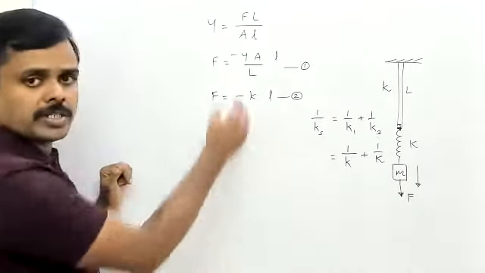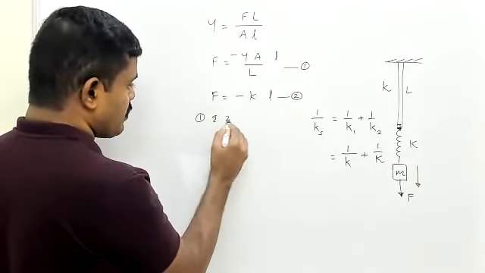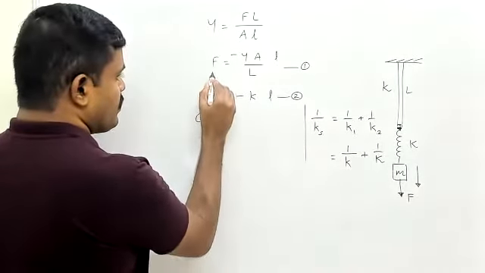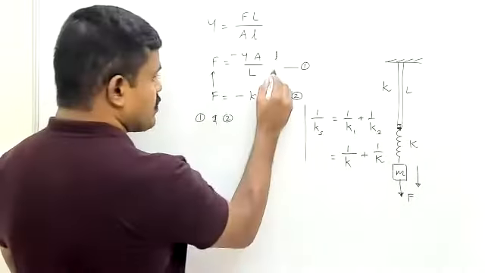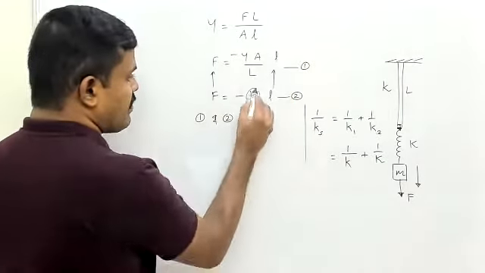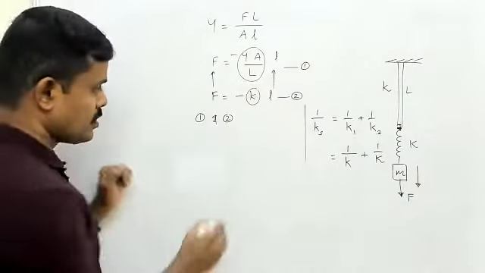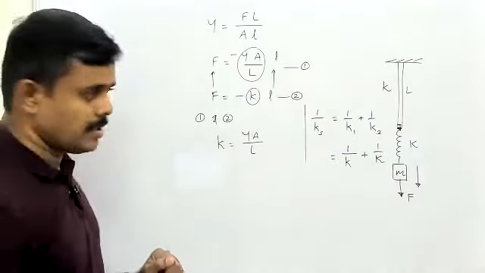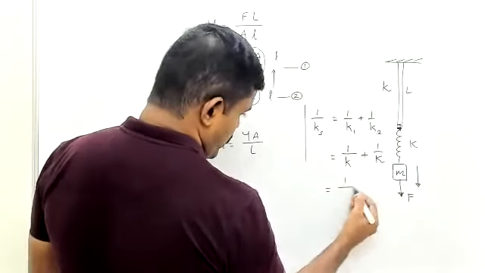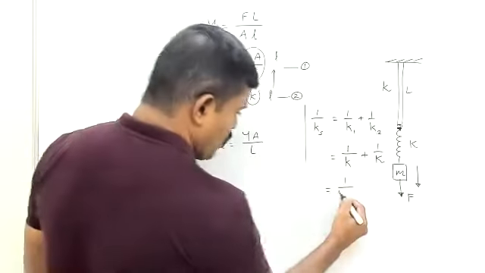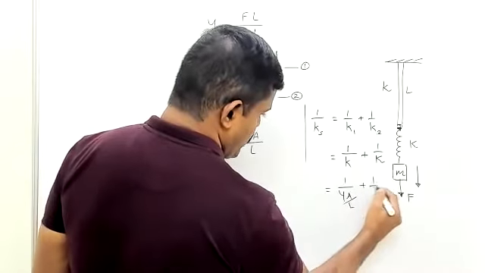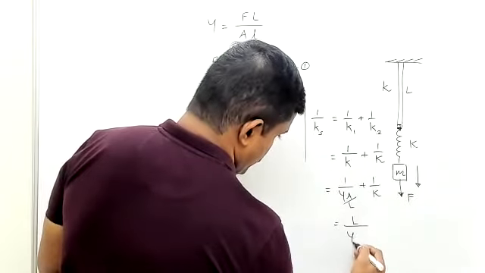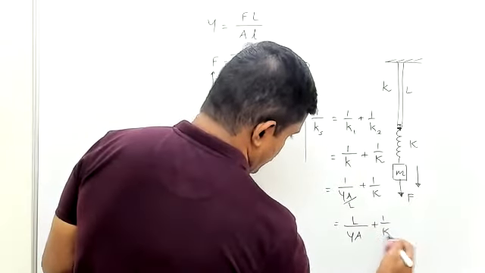And if you compare equations 1 and 2, in place of F you got F here, in place of l it is l, and for k we have a replacement here, that is YA by L. So k will be YA divided by capital letter L. So I can put it straight into this equation: 1 by Ks is L by YA plus 1 by K, taking the reciprocal of the string's constant.